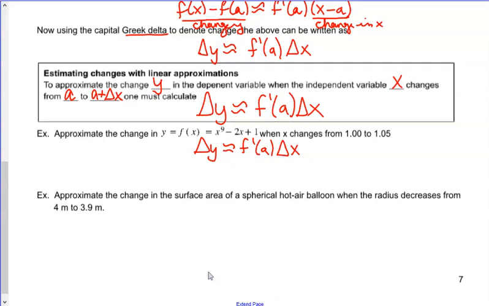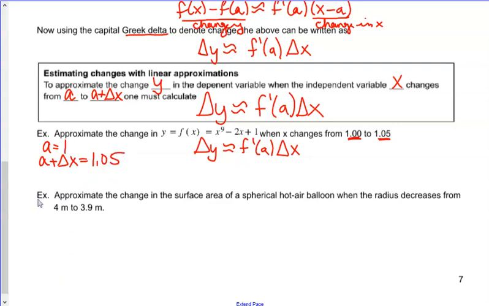Now a is where we start, and this is where we're going to. So a is equal to 1, a plus delta x equals 1.05. So we're changing from 1 to 1.05.